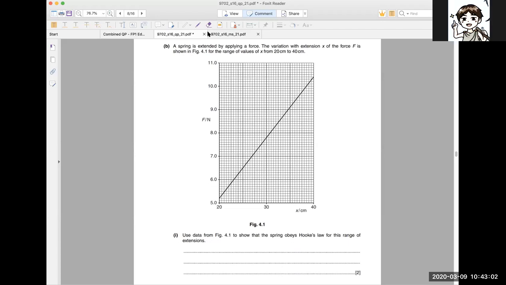So if you have a graph here, and you have 2 points on the graph, you just find a point with x equals 0, and then find the y coordinate. You should know how to do it in mathematics.